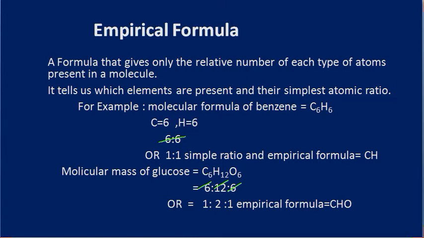What is the empirical formula of glucose? CH2O. So the empirical formula only gives us the relative number of each type of atom. It is not giving the actual number, only the relative number and the elements present in this formula.